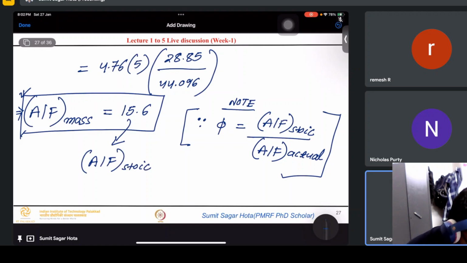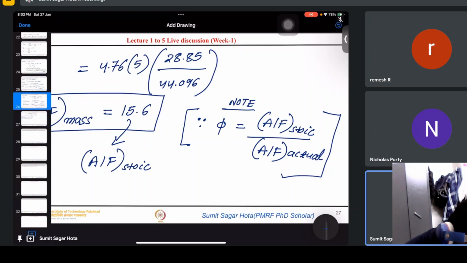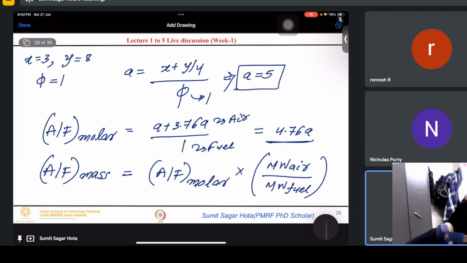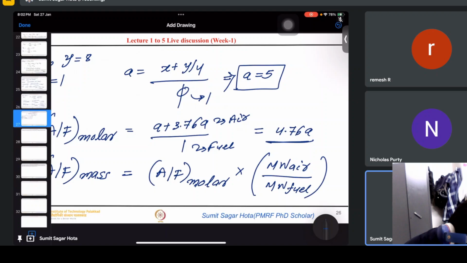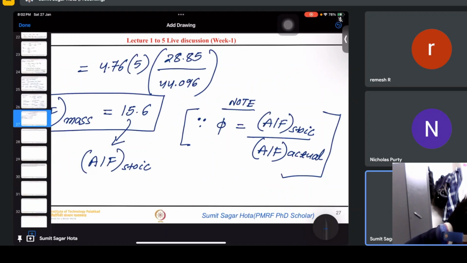For example, if in your question they want to find out the phi value, then initially you have to take phi as 1 and solve up to this, because they are asking for the phi value. We cannot assume any, just assume.